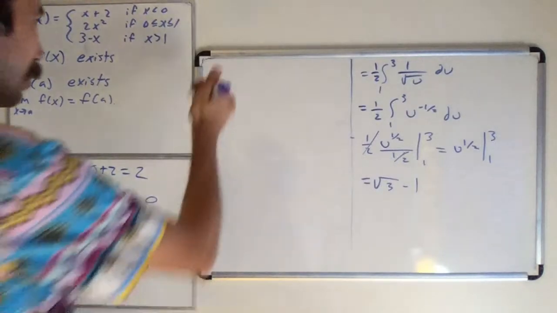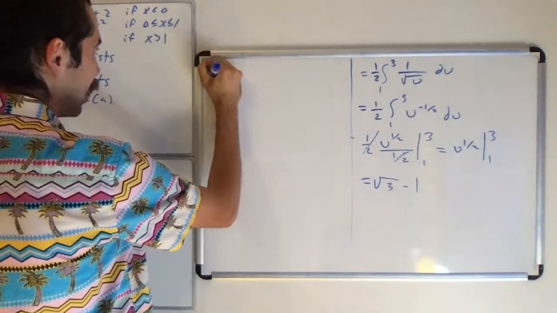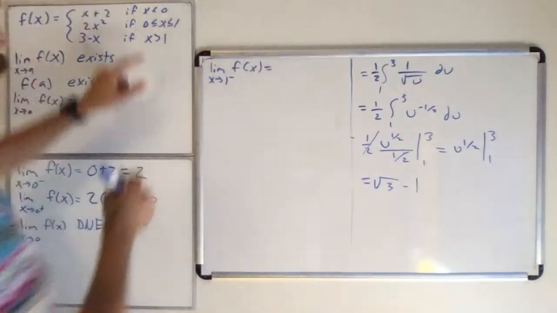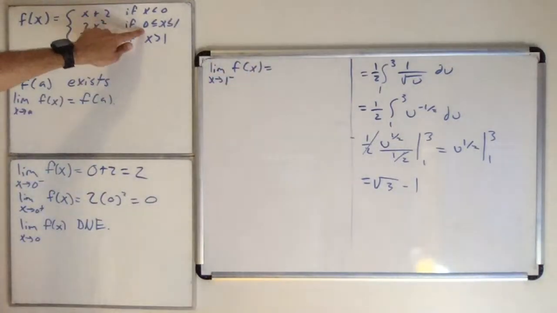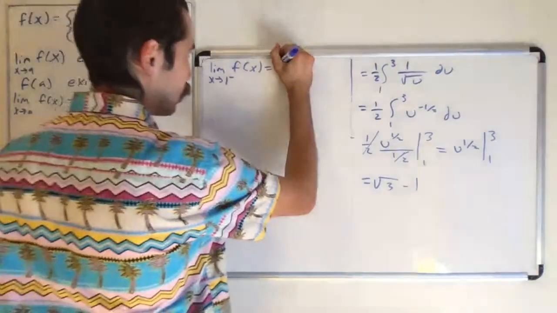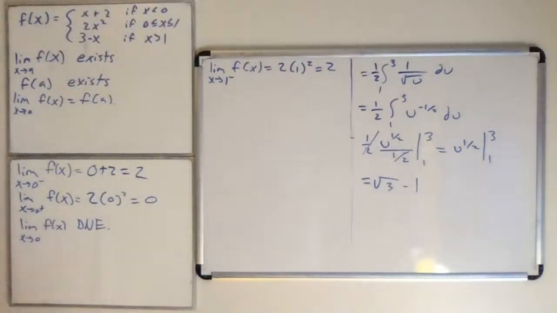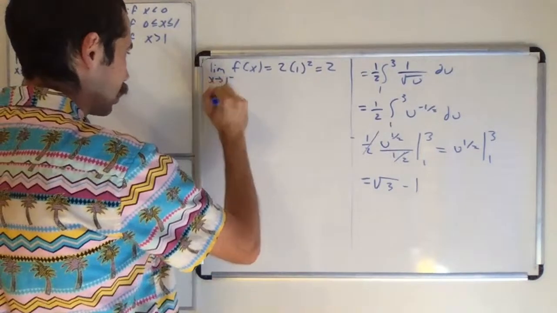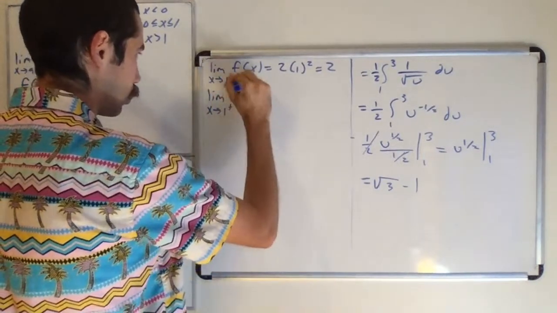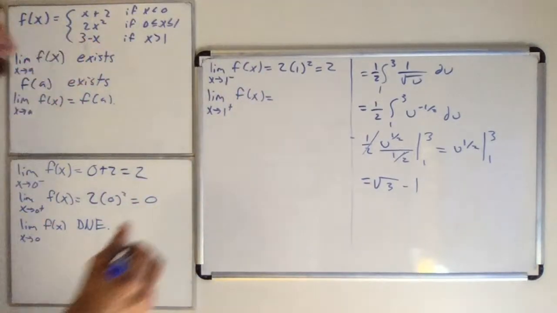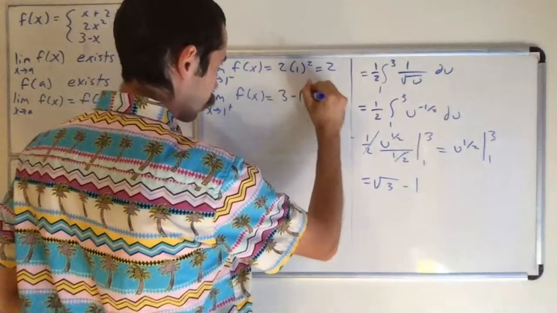Okay, so we'll do the limit as x goes to 1 from the left. We'd use the middle rule. So it's 2 times 1 squared, which is 2. The limit as x goes to 1 from the right is equal to 3 minus 1, which is also 2.